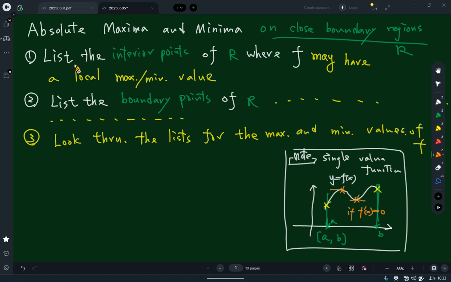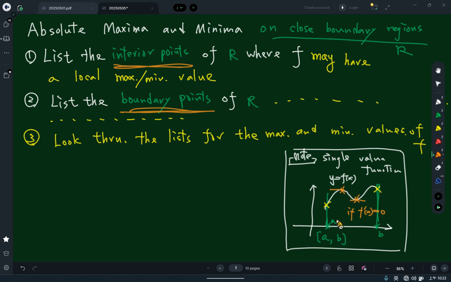For the 2 variable functions, we also focus on a closed boundary region, just like here we focus on a closed interval for single variable. But for 2 variables, we focus on a closed boundary region. So the possible points could be the boundary points, and also could be the interior points.